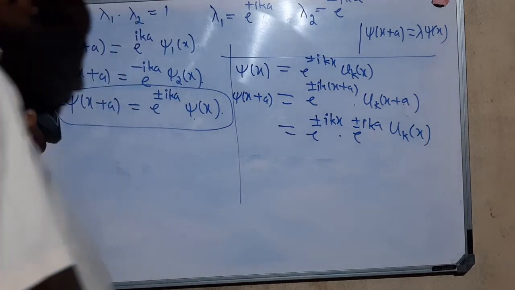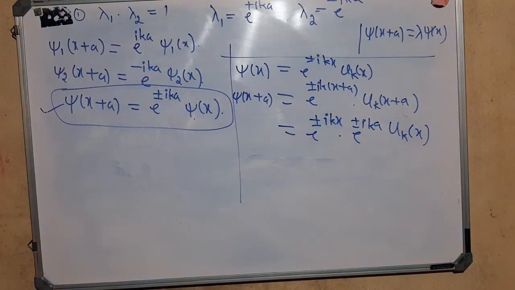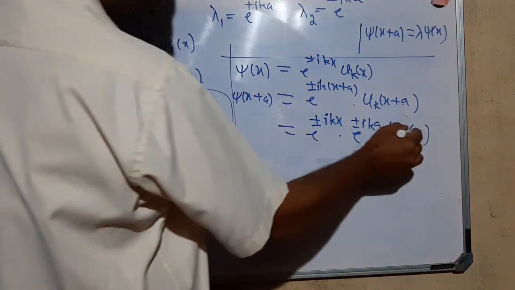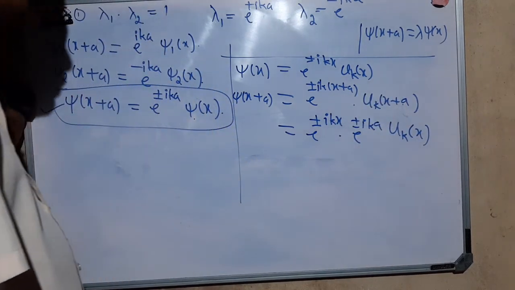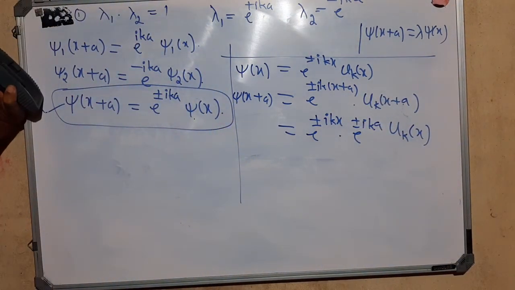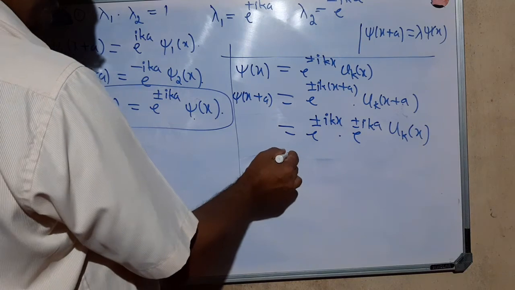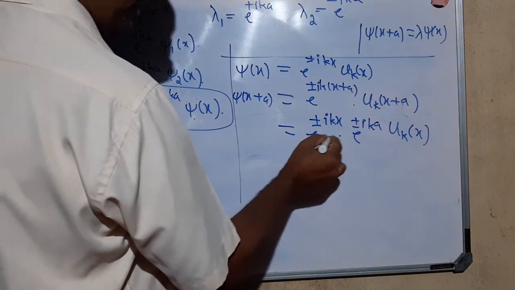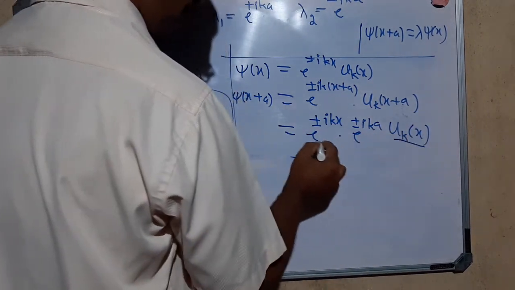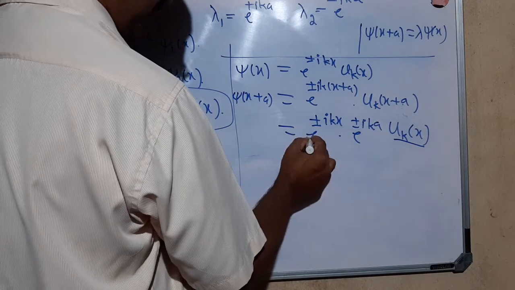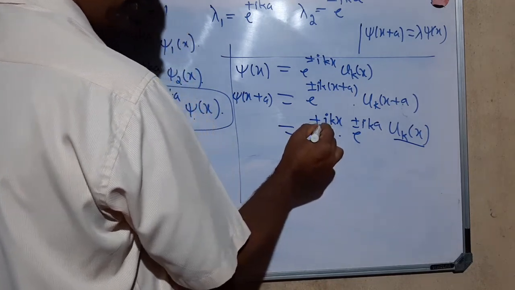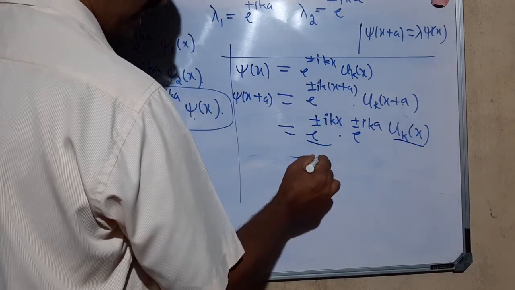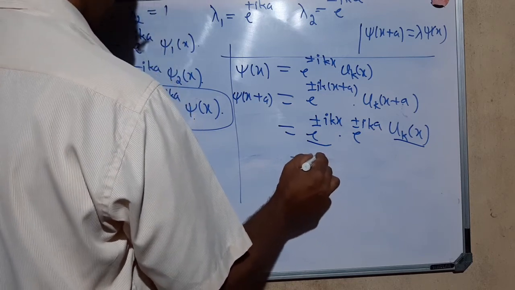Why? Since it is a periodic potential, uk of x is equal to uk of x plus a. So therefore this is equal to, I am taking uk of x into e to the power plus or minus ikx as ξ of x.